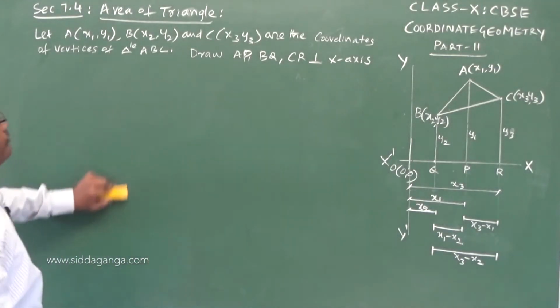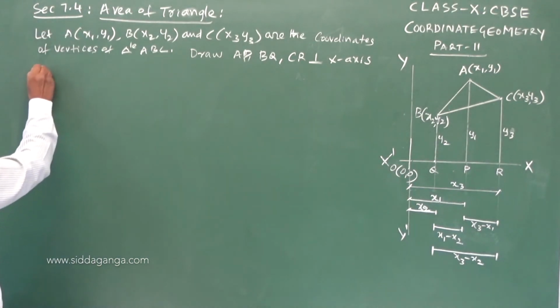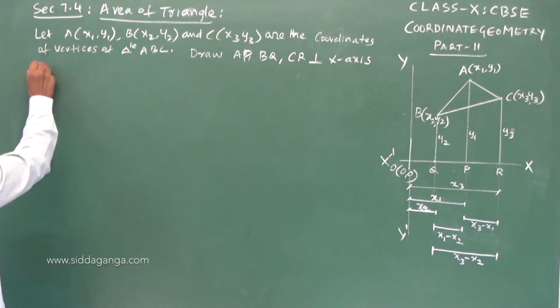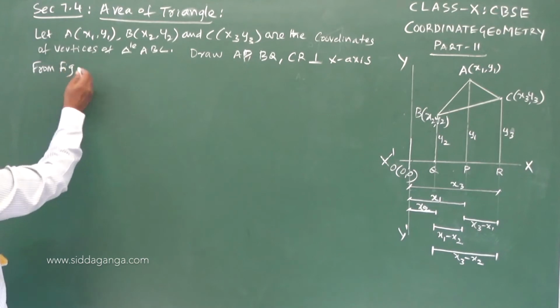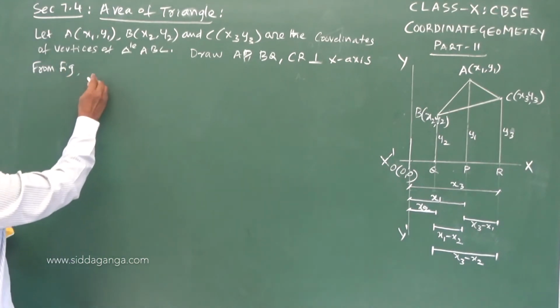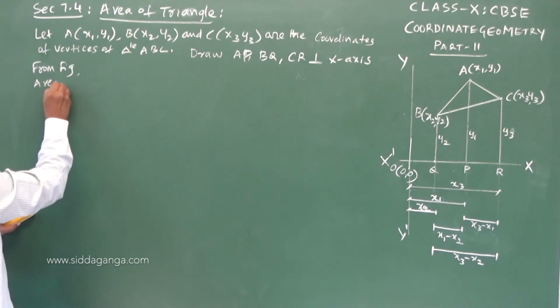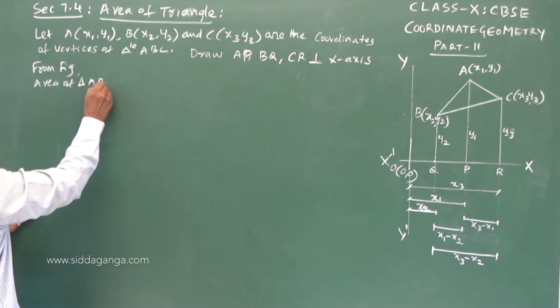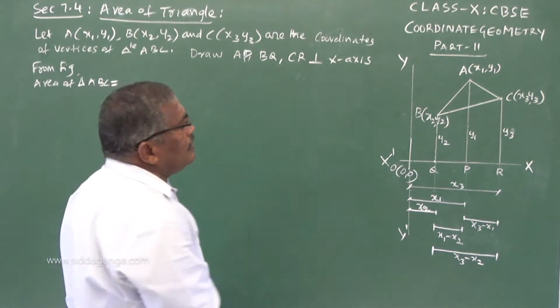So now, from the figure, area of triangle ABC equals. Now observe this.